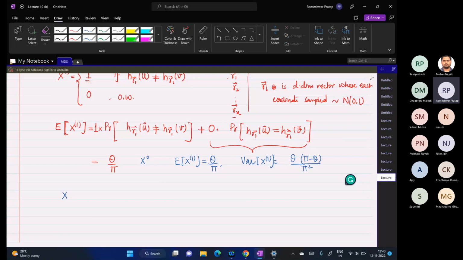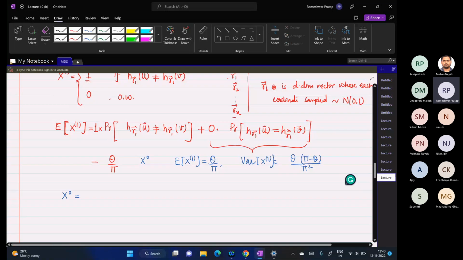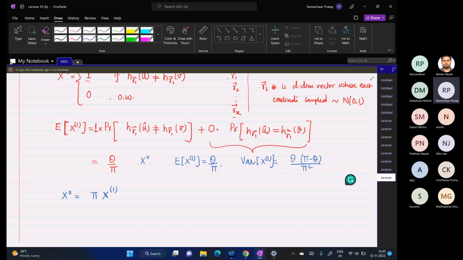Suppose I design a new random variable, say x0, which is pi of x1, and if we calculate the expected value of x0, that will be basically theta by pi into pi, so that will be theta, and if we calculate the variance of x0, it is theta pi minus theta.